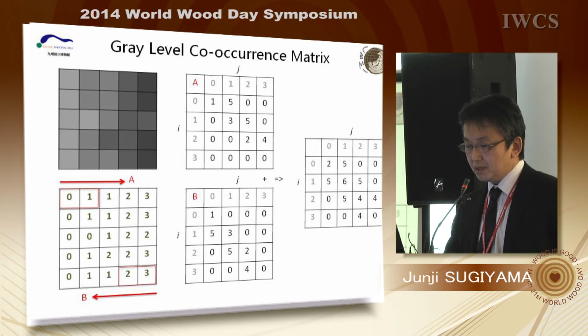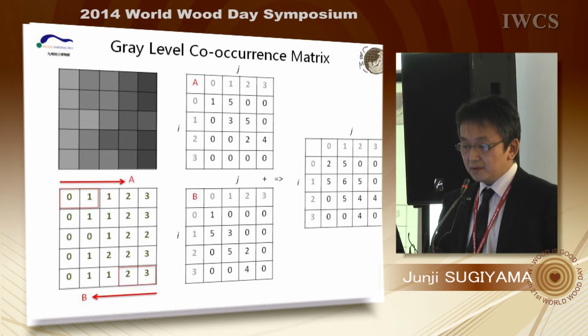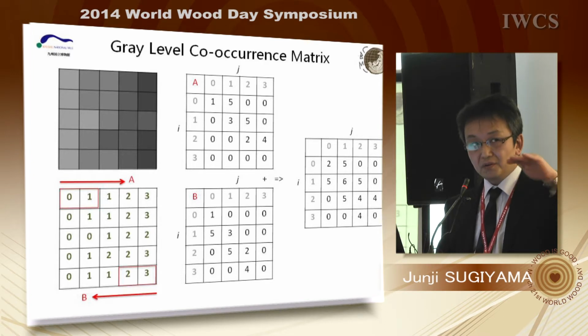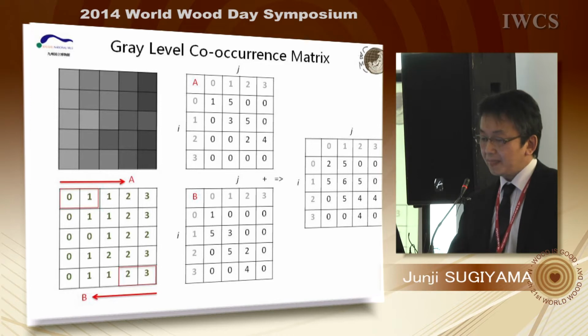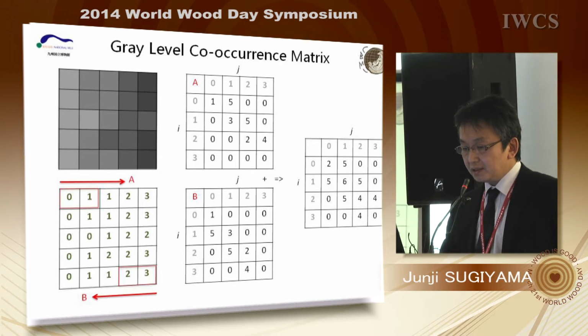So this image is a 5 by 5 pixel image. And the Gray level is 0, 1, 2 and 3, so there are 4 levels of grayscale intensity. Suppose we start from this image. And here is the same representation of this image, but the Gray level is represented by numbers.